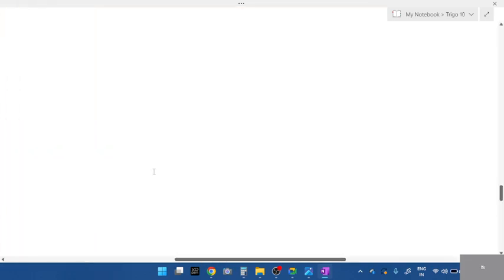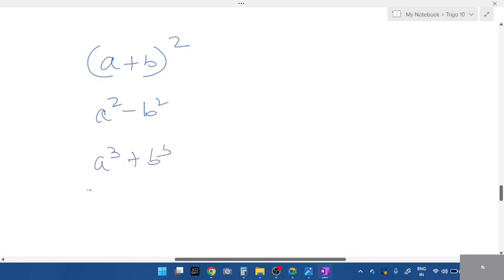Look here. So I've done questions like this. When (a plus b) the whole square is given, you'll know how to solve a square minus b square questions. Then we had a cube plus b cube, a cube minus b cube, right? Then a square plus a to the power of 4 was given. Questions like this are pending.